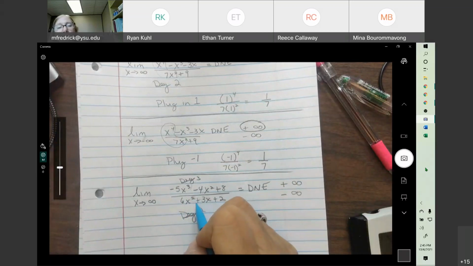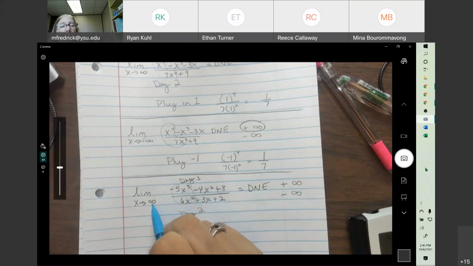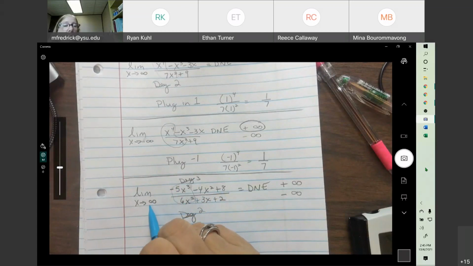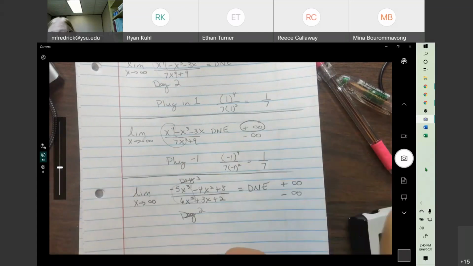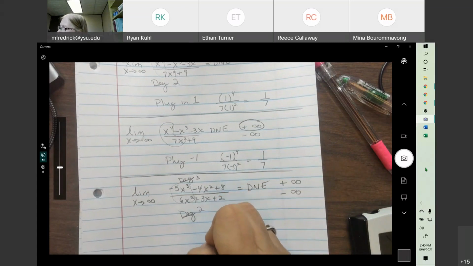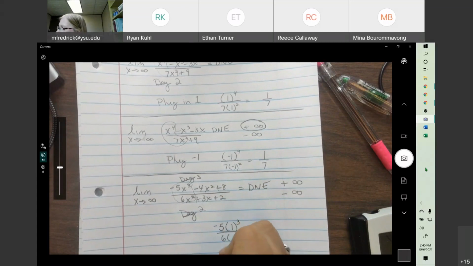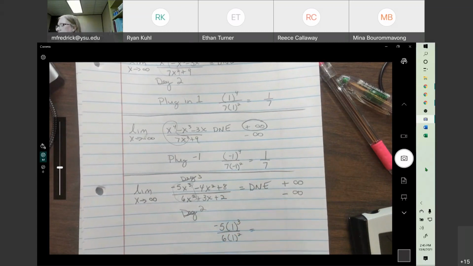We can take the two largest terms, one on the top and the one on the bottom, and plug in, this is positive infinity. You could pick any positive number. I use 1 because it's quick, but it can be any positive number. Negative 5 times 1 cubed over 6 times 1 squared.